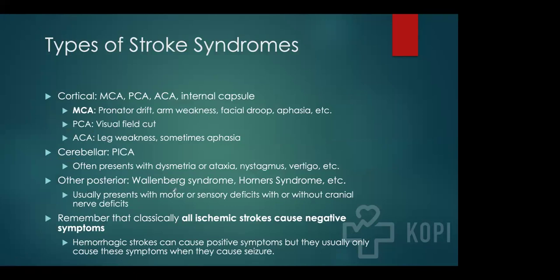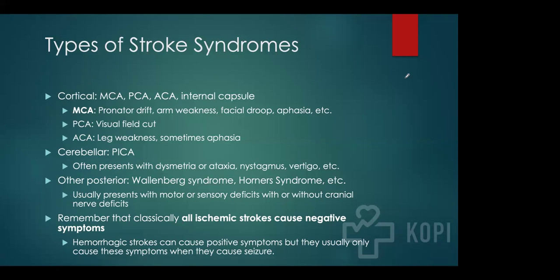So, in regards to strokes, I want you to remember that there are a lot of different types of strokes. This isn't necessarily a lecture on strokes, but there are several different types of strokes that can occur at different areas of the brainstem.